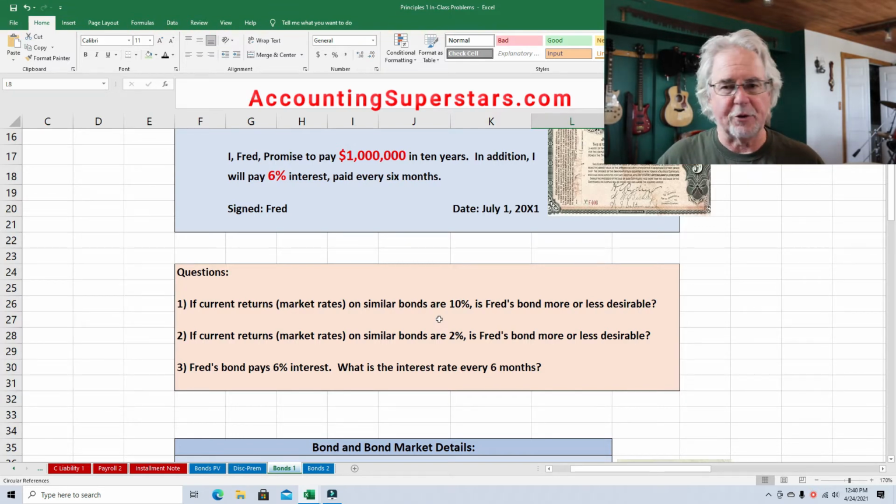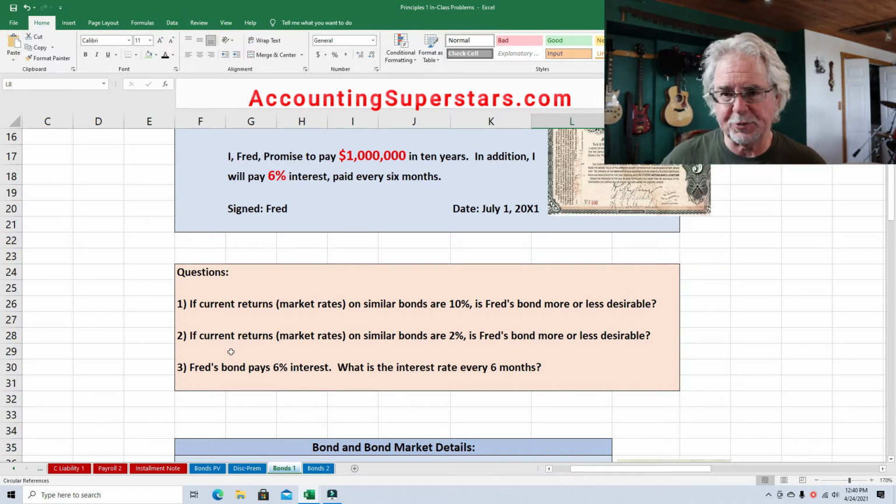All right, now question number 2. If current returns or market rates on similar bonds are just 2%, is Fred's bond more or less desirable? Well, Fred here has promised to pay 6% per year, and that's in the contract. Can't change that. But current market returns are only 2%.